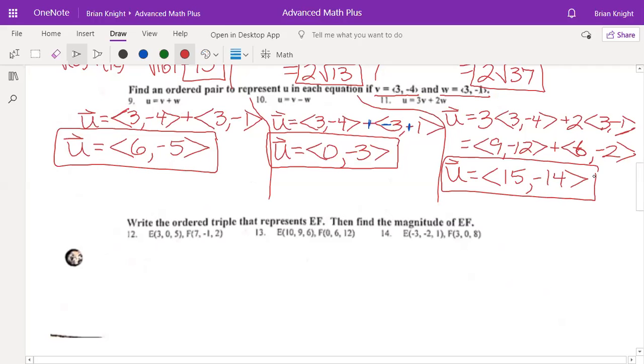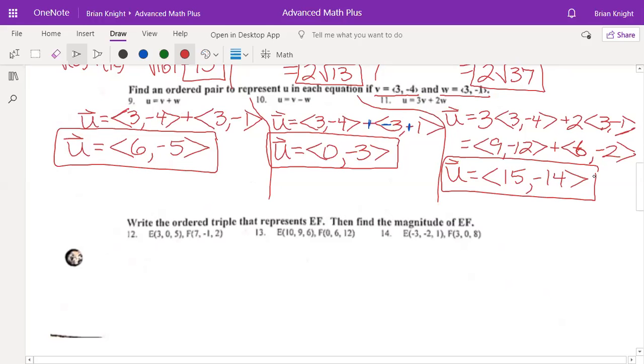We are about to do 12, 13, 14, 15, and 16, and it is the exact repeat of this, only rather than having 2 dimensions, we are going to have 3 dimensions. So rather than just having x and y, you will have an x, a y, and a z, okay? But other than that, they're the same problems, okay?